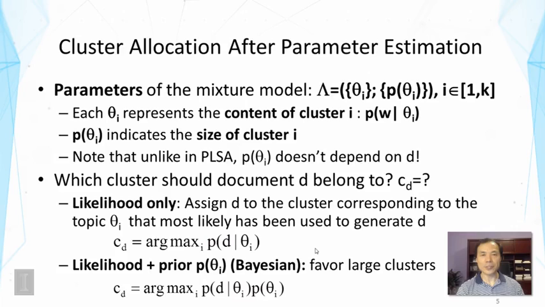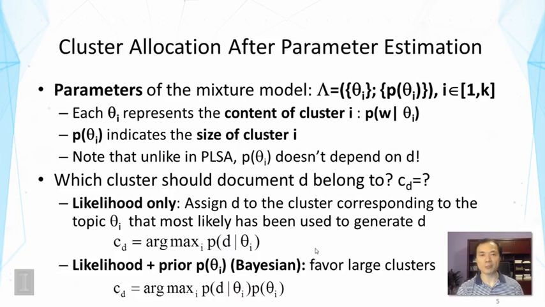Now, if you think about what we can get by estimating such a model, we can actually get more information than what we need for doing clustering. So theta i, for example, represents the content of cluster i. This is actually a byproduct. It can help us summarize what the cluster is about.